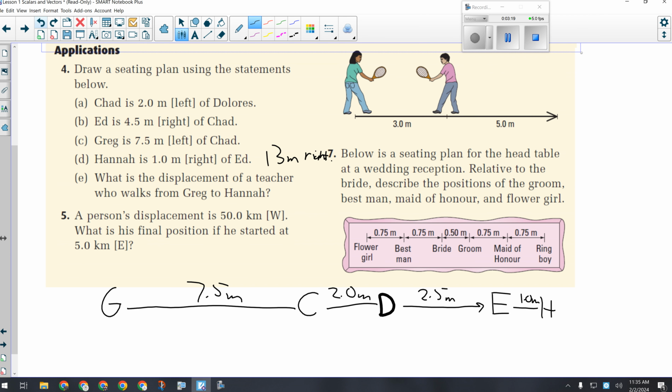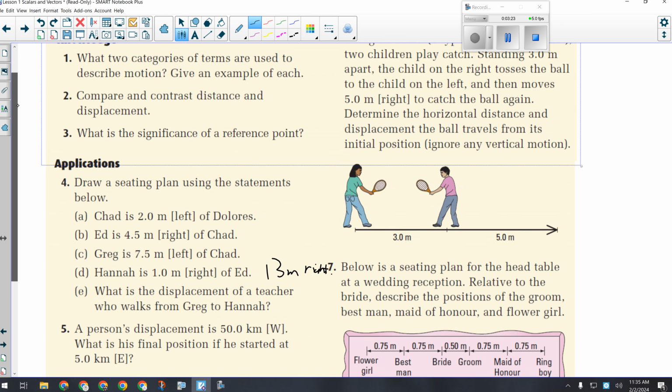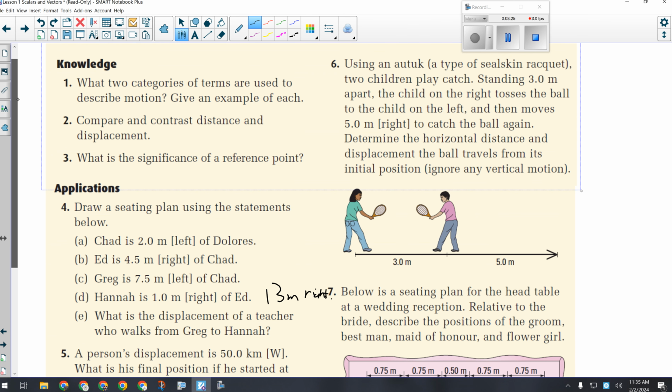Now, I want you to try question number 6 here. This diagram goes with question number 6. My hint to you is read it carefully. It's very easy to make kind of a knee-jerk reaction to this question if you don't read it carefully.